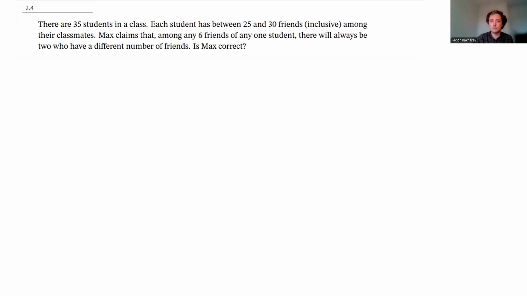Let's start with the following. We will construct a graph. We have students as vertices, and friendship, of course, gives the edges of the graph.